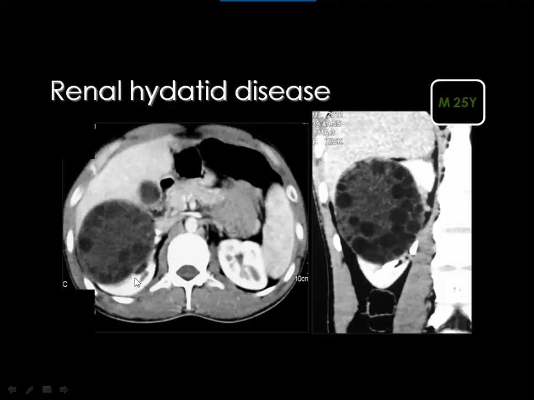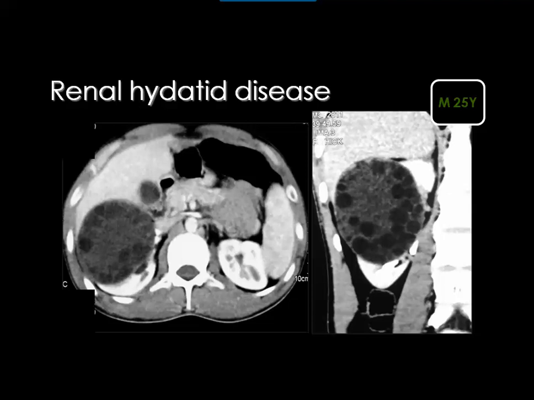You diagnose the hydatid cyst by one of three criteria. The first is the presence of a large cyst with multiple mural internal small daughter cysts. This is one of the classic pictures of hydatid disease. Or you see a cyst with floating internal shadows, and this is also pathognomonic for hydatid disease.